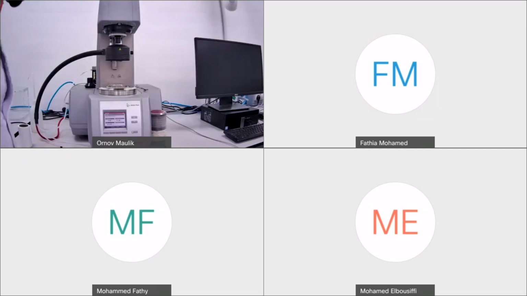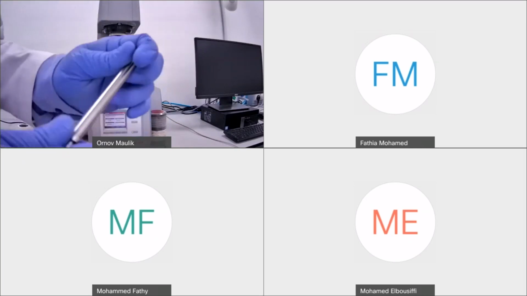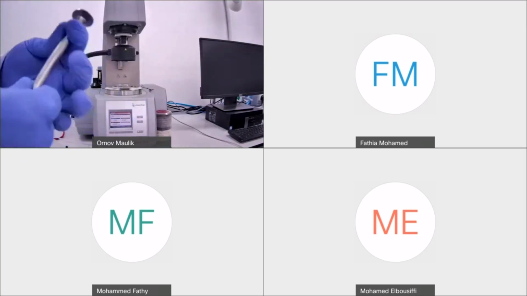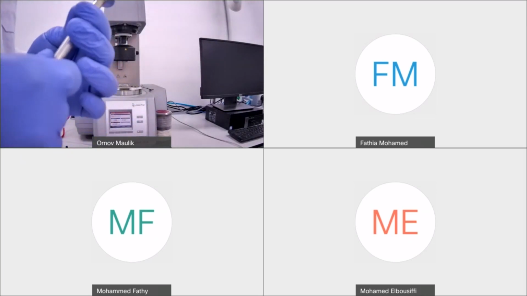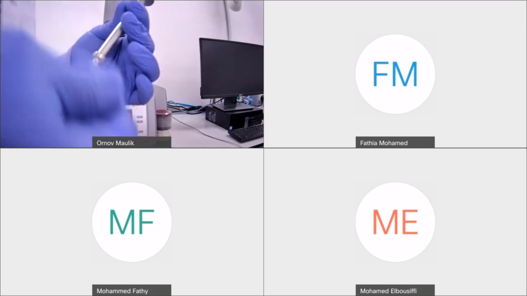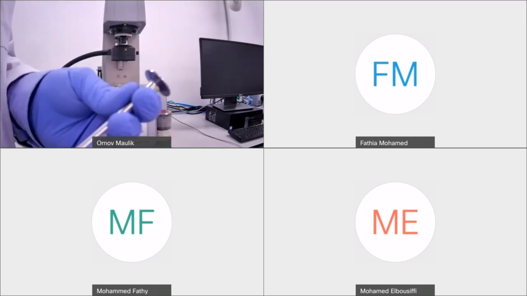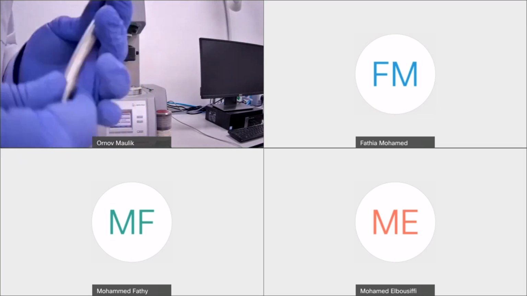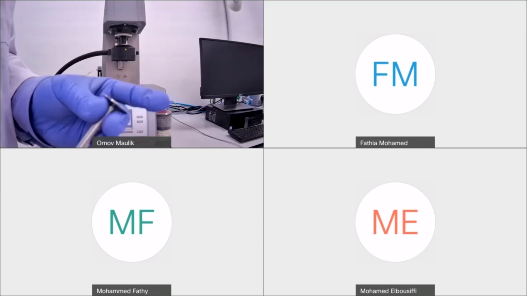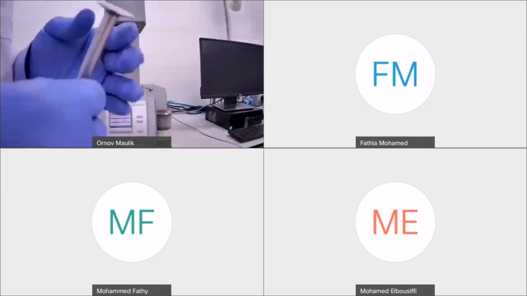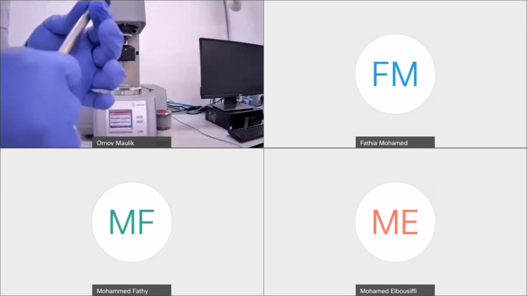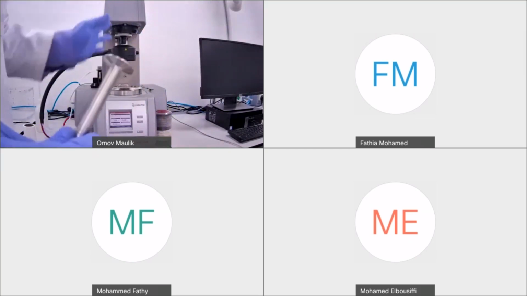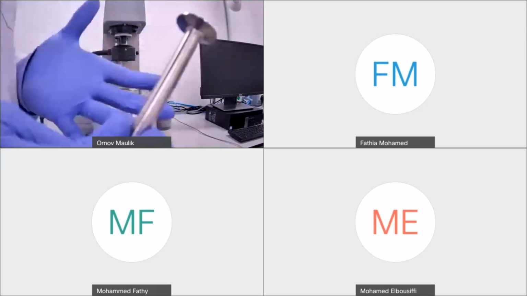I'll just put on a geometry. Today I will be using a PP25 geometry, because most paste samples have a lot of filler particles, and those filler particles are pretty big in size. So it is always good to use a parallel plate geometry. The lower dimension is to control the torque. The stiffer your sample is, the better the torque generated.